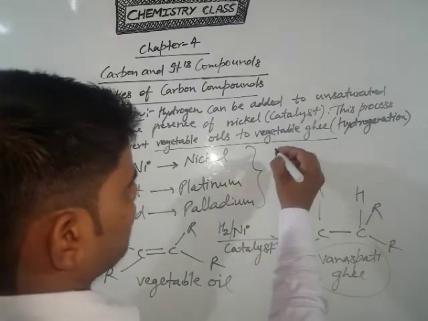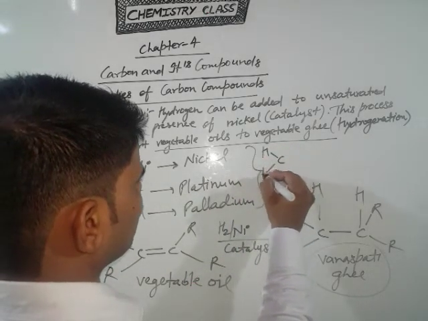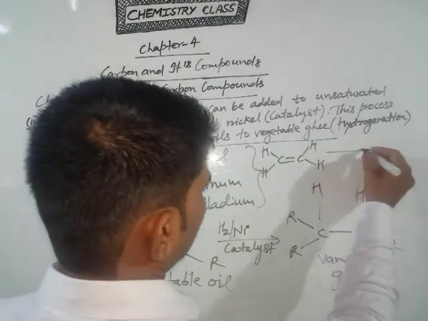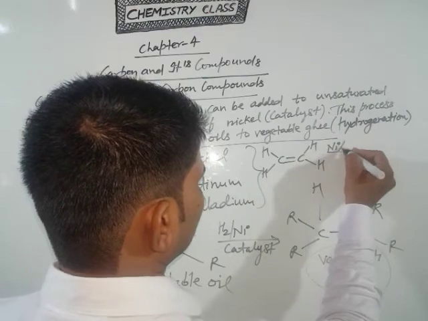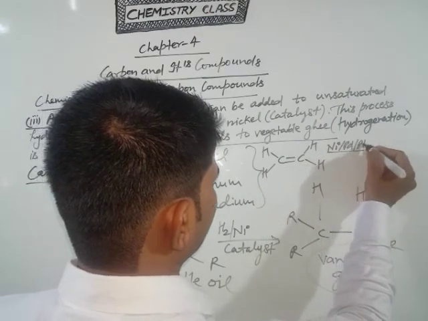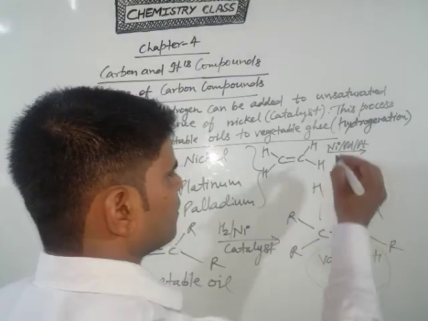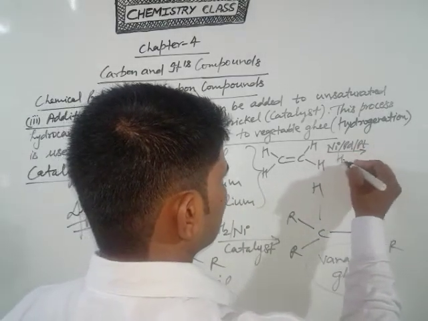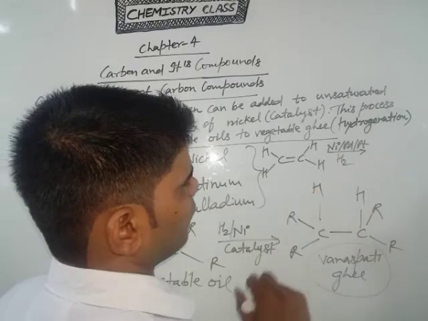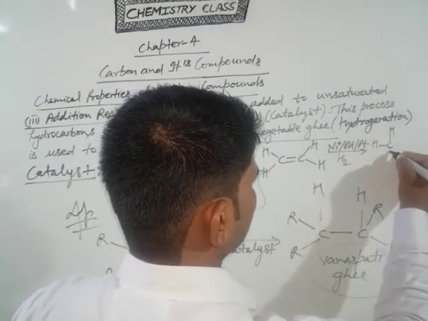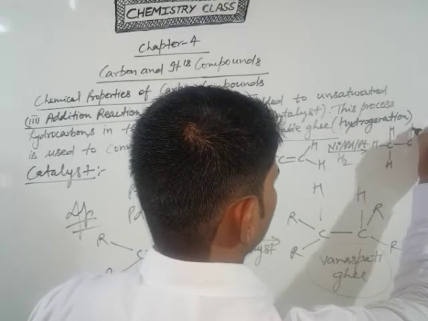If you write simply H single bond C single bond H, double bond C single bond H and single bond H, you can write nickel, palladium and platinum. At least one metal you can use here, with the help of hydrogen gas. You can prepare H single bond C single bond H and single bond H and C single bond H.